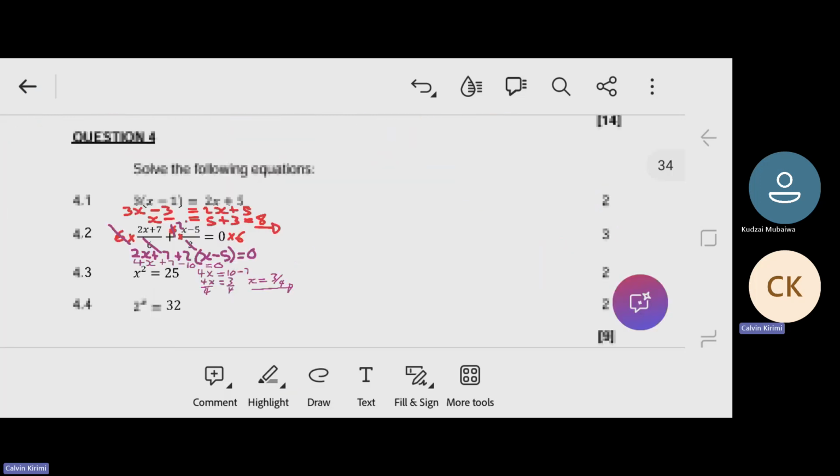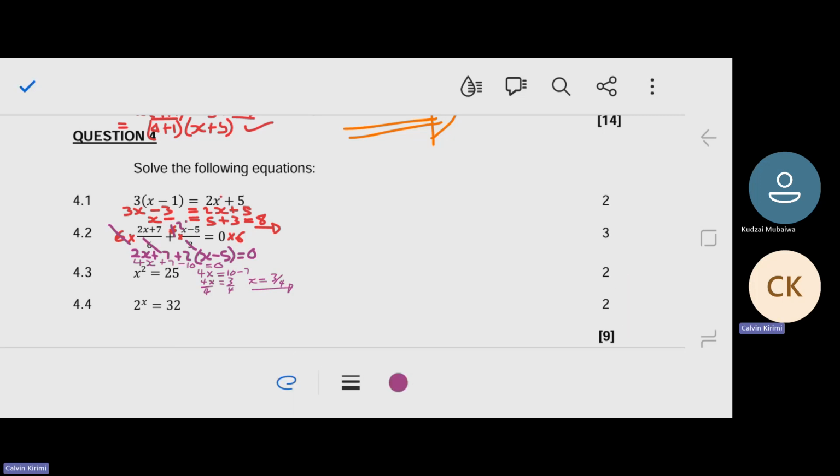And to verify if your answer is correct, you substitute that x into the fraction to see if you get the same number. What do I mean?